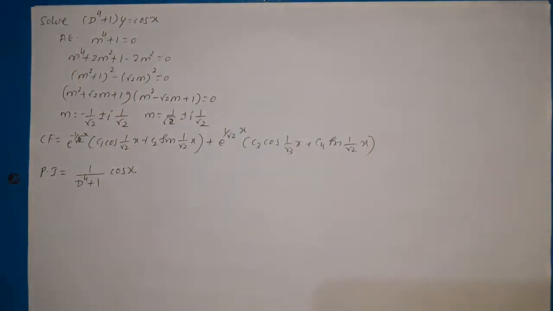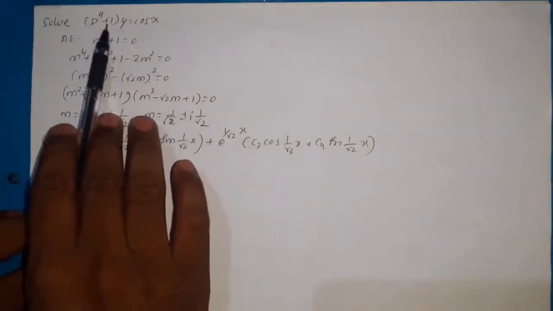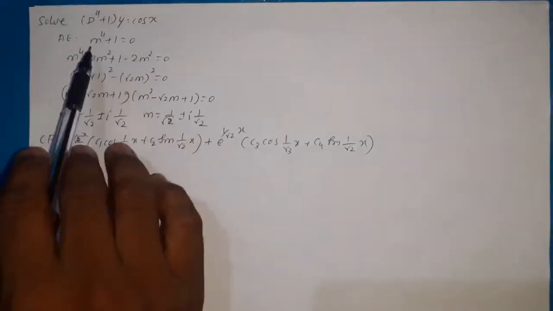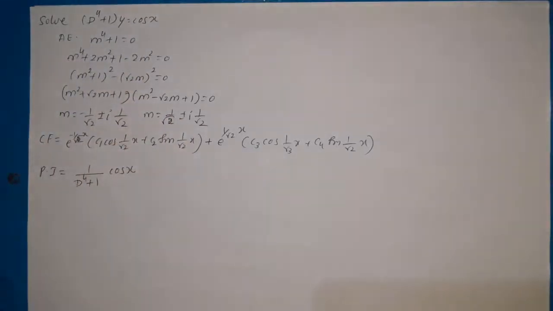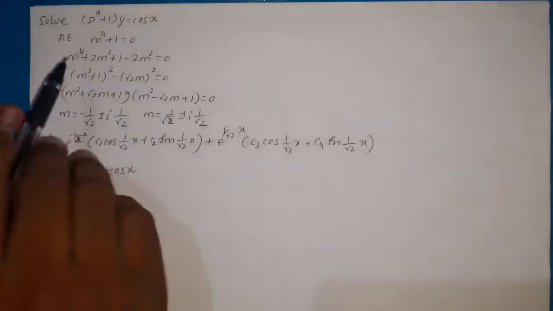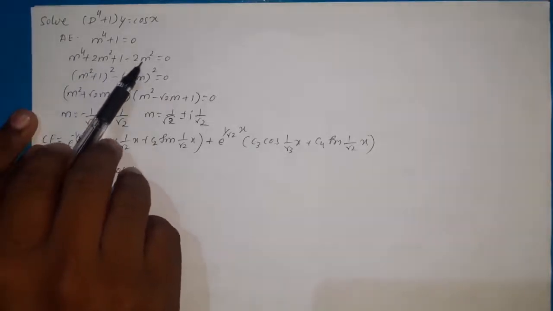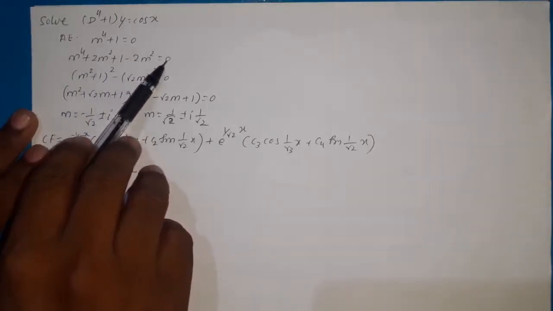The next example is: solve (d power 4 plus 1) y equal to cos x. So here the auxiliary equation is m power 4 plus 1 equal to 0. This equation cannot be solved directly, so we add and subtract 2m square. So it is m power 4 plus 2m square plus 1 minus 2m square equal to 0.